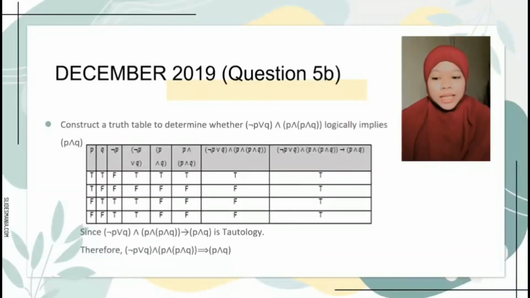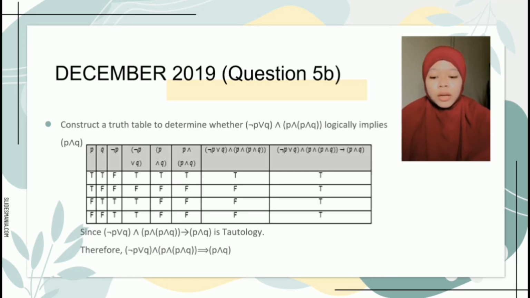Next question is, construct a truth table to determine whether negation P or Q, bracket, and P and Q, bracket, logically implies P and Q. Firstly, we need to draw a truth table.